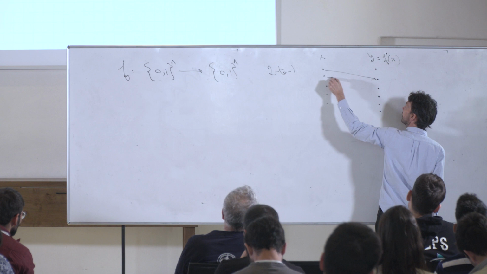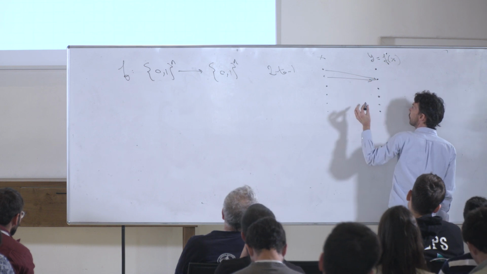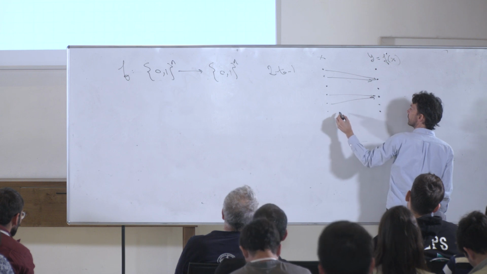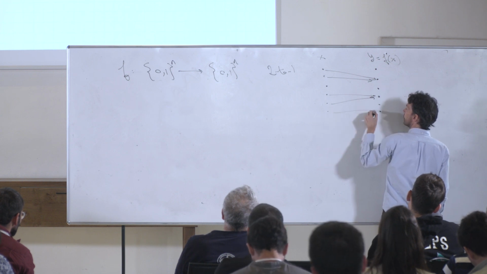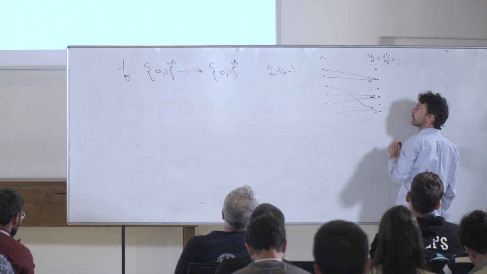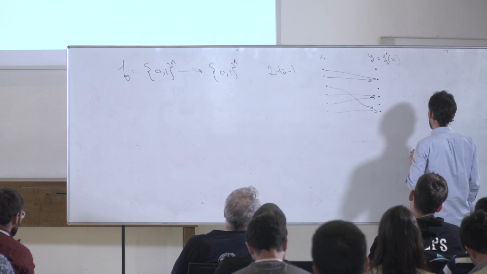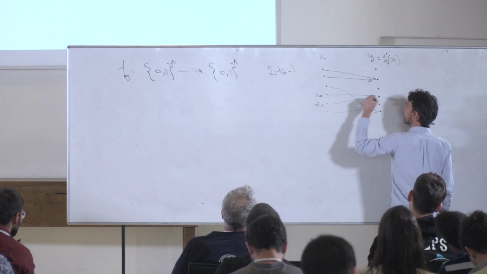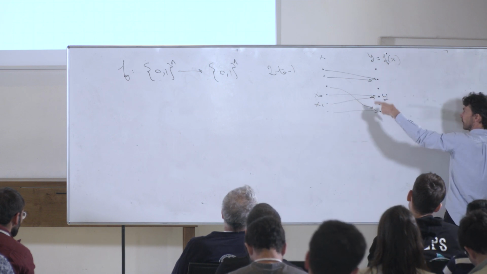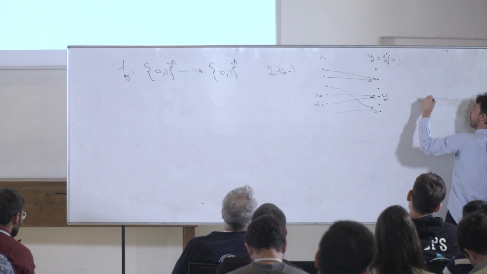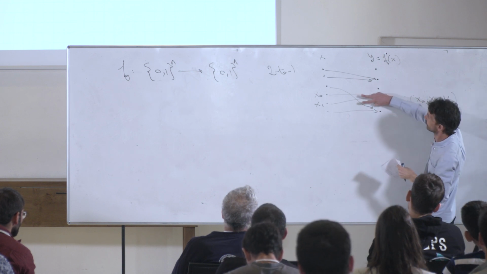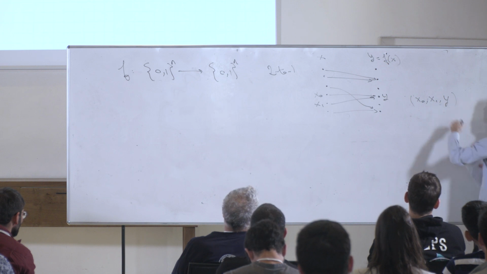For every y, there are either 0 or 2 x's that map to it. Never 1 or 3 or anything like that. So maybe like this. That's an example of a 2-to-1 function. A triple of 2 inputs x0, x1, and y that satisfy this, we often call a claw, because it kind of looks like a claw. So, okay, this is a claw.